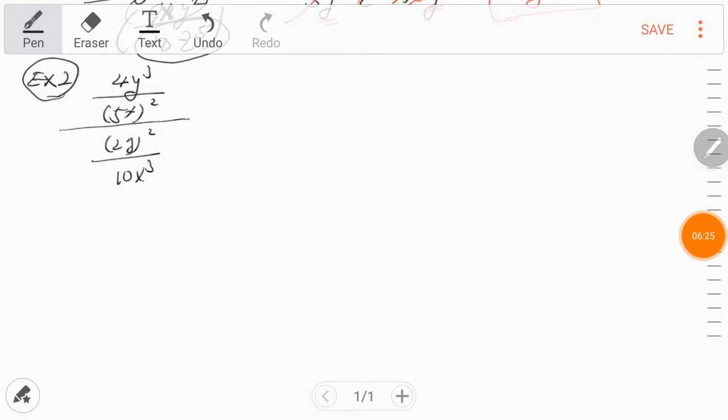Okay, for this example, this is the fraction bar. Both the numerator and the denominator are fractions, so this is a complex fraction.